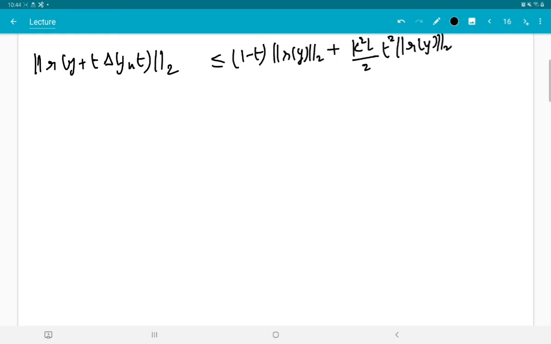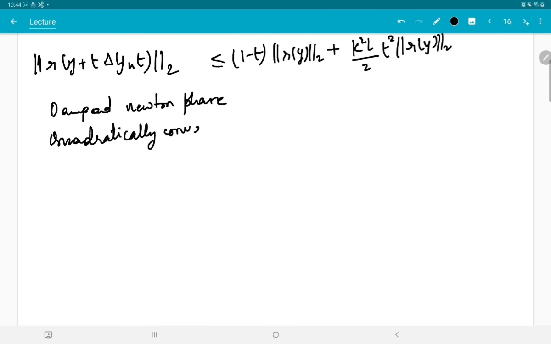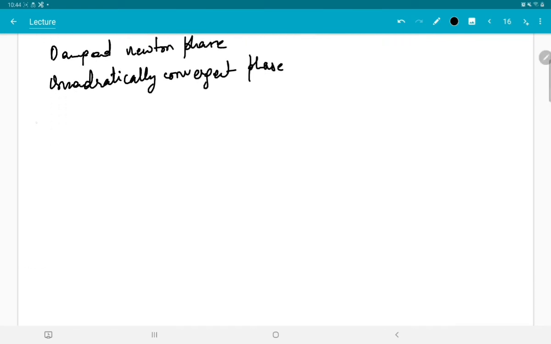In the damped Newton phase, we had step size less than 1 progressively decreasing, and in the quadratically convergent phase, we had a step size which is constant, and we moved quadratically fast to the optimal point. So let us see what happens in the quadratically convergent phase.